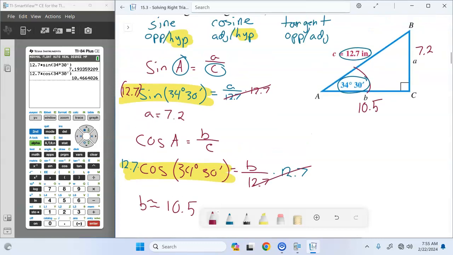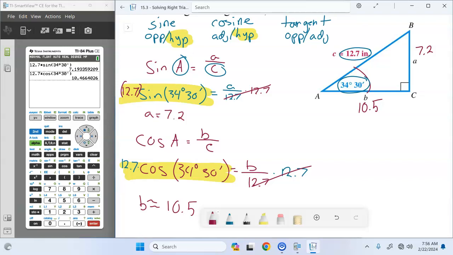Okay, and then lastly, we need to solve for our missing angle. All right, we have all three of our sides, we need all three of our angles. We know two of them, the 90 degree and the 34 degrees, 30 minutes. What can we do to solve for angle B? You can change the 34, 30 into the other form in your calculator, but we don't have to do that first part, because if we have degrees, minutes, seconds, we're going to want to leave it in degrees, minutes, seconds.